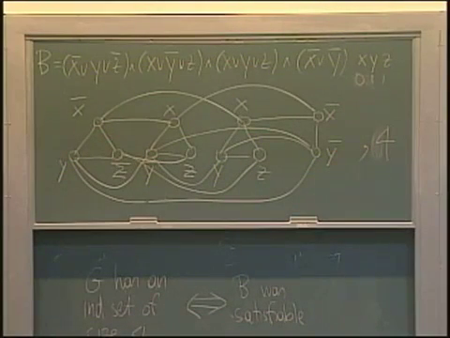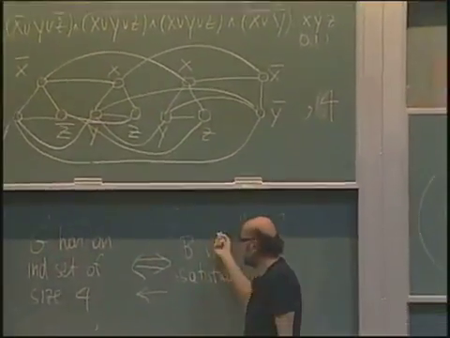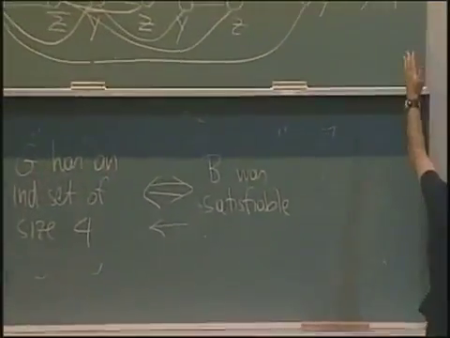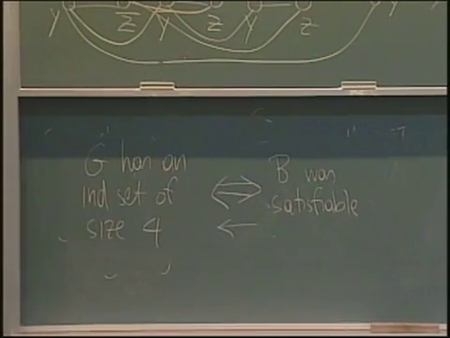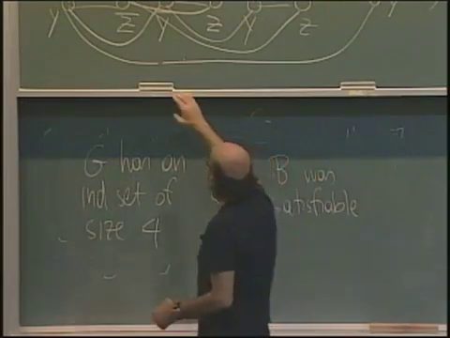Let's prove it. Usually, it's easier to go that way. Suppose that B was satisfiable. Well, it was, right? 0, 1, 1. I claim that I can pick 4 nodes here that are independent. How do I do it? Well, easy. I follow the satisfying truth assignment. It satisfies this. Why?